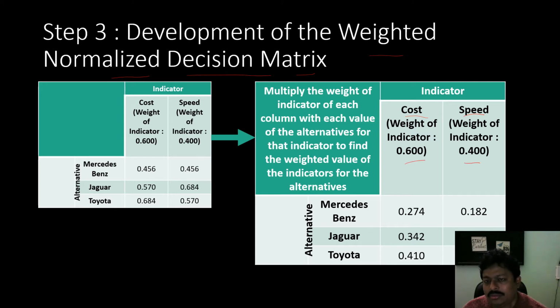In case of AHP, as you remember, we have a criteria matrix which gives you the weightage of the criteria. In case of ANP also, and in case of WSM and WPM, the weightage of importance of the criteria is indicated by the decision maker. So when the decision maker changes, these weightages can also change.